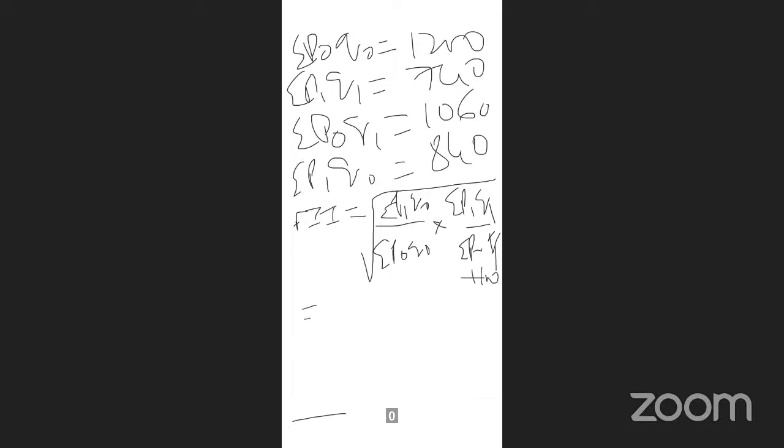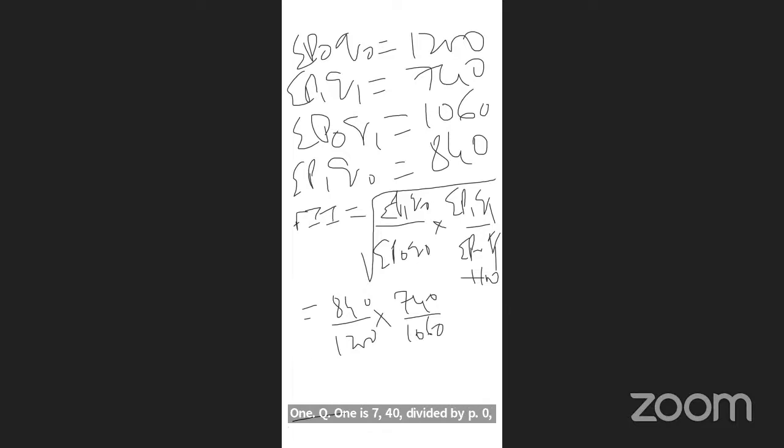So now sigma P1 Q0 is 840 divided by 1200 into sigma P1 Q1 is 740 divided by sigma P0 Q1 is 1060, under root into 100. So please calculate this and tell me.